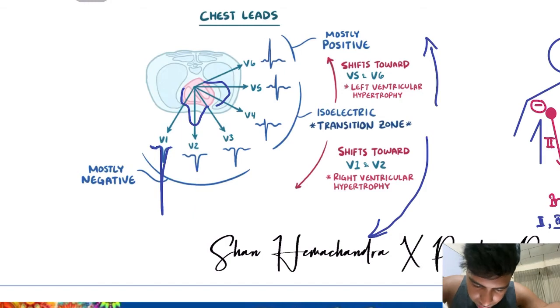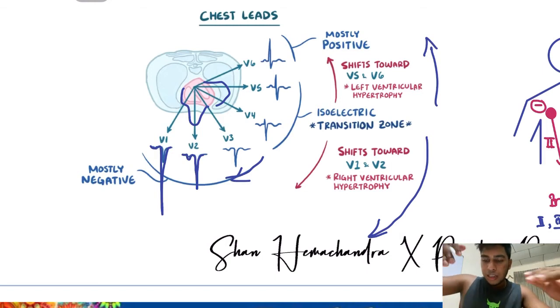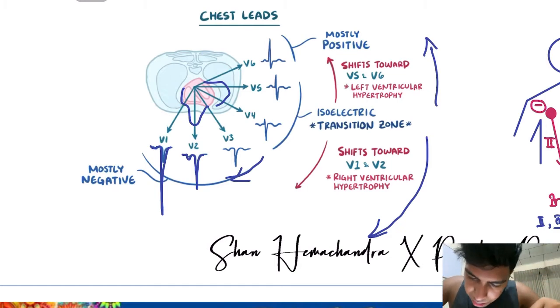They will look bigger because the whole conduction shifts towards this side, towards V1, V2. And you will get a big dip in this wave. So this is in right ventricular hypertrophy.